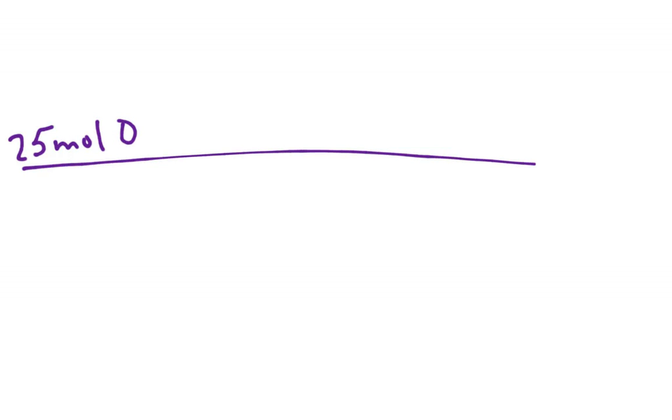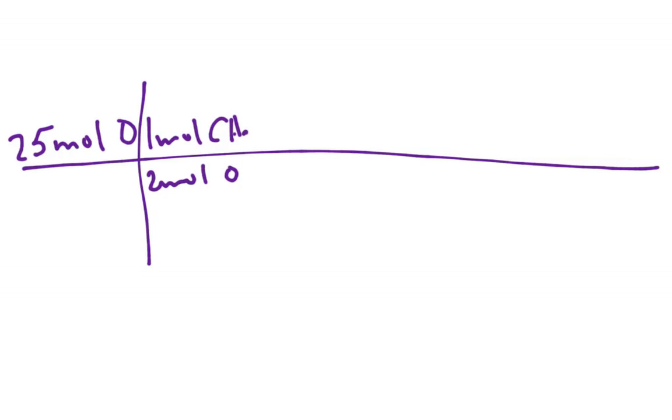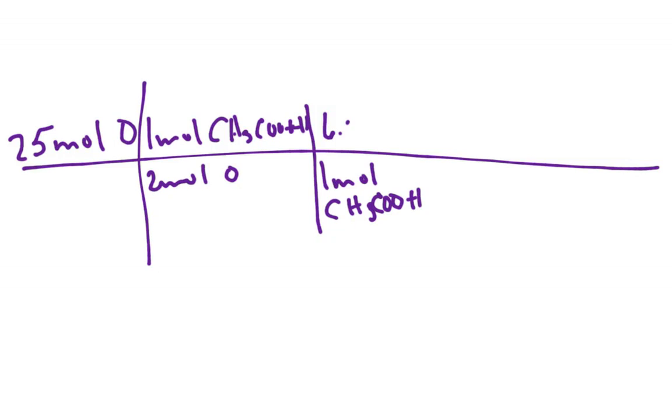My last one here, I'm going to go to atoms of carbon now. So I'm going to start with 25 moles of oxygen again. I'm going to go 2 moles of oxygen in 1 mole of my acetic acid. In 1 mole of acetic acid, I have 6.02 e to the 23rd molecules of acetic acid.